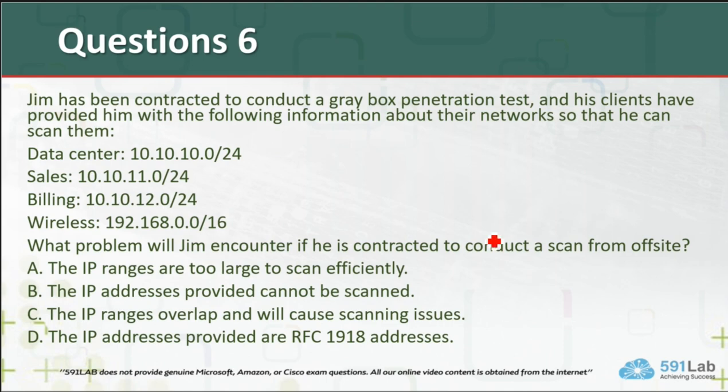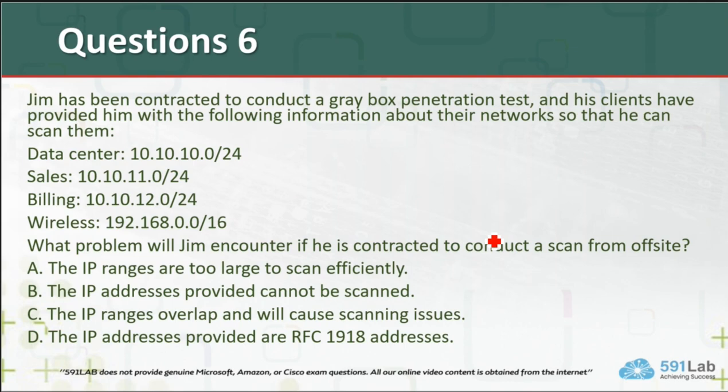Question number 6. Jim has been contracted to conduct a gray box penetration test, and his clients have provided him with the following information about their network so that he can scan them: data center, IP addresses, sales, wireless, billing.